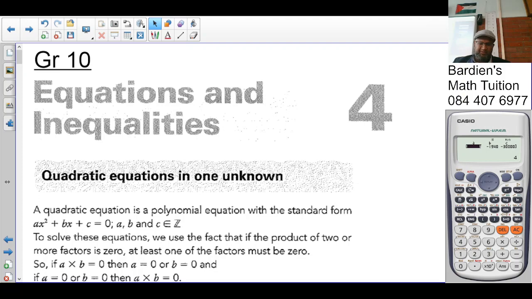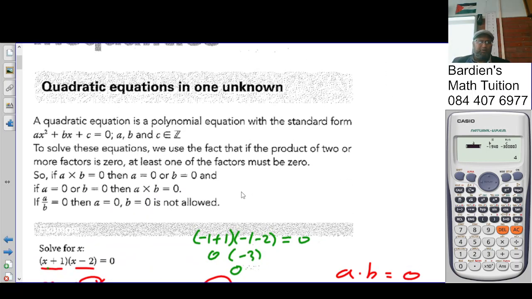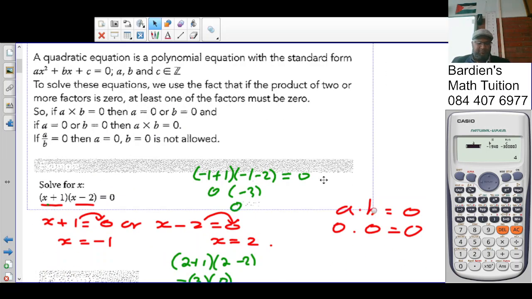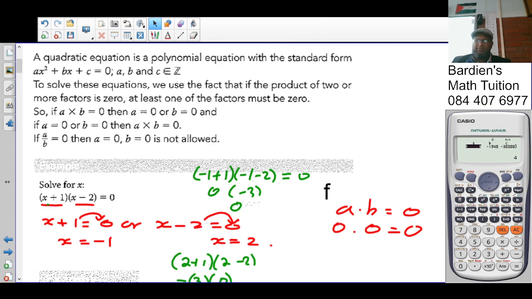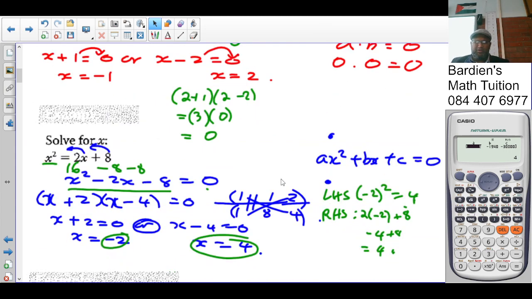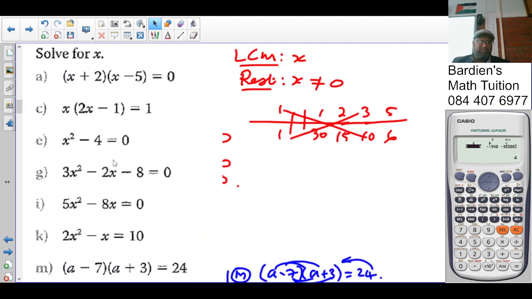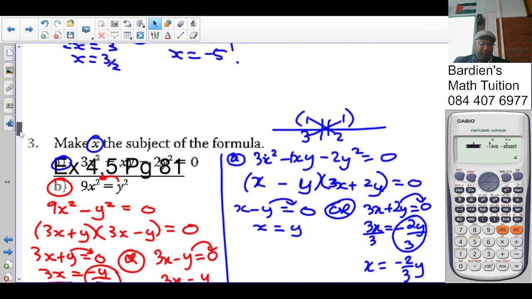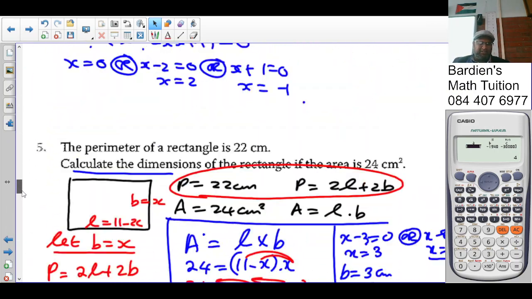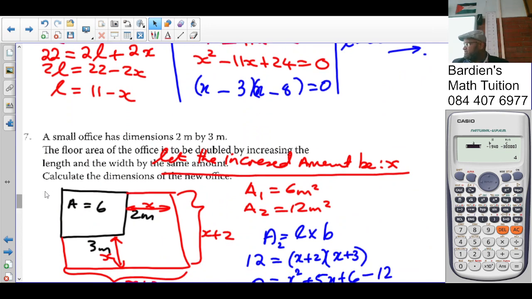We are busy with equations and inequalities. We got up until exercise 4.5. Did you guys have homework on 4.5? No.